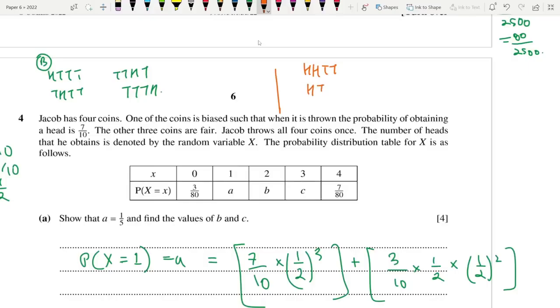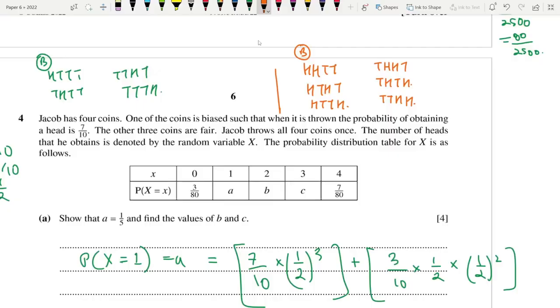Or head, tail, head, tail, or head, tail, tail, head. These are the possibilities where the one on the left is the biased coin, or it can be tail, head, head, tail, or tail, head, tail, head, or tail, tail, head, head.